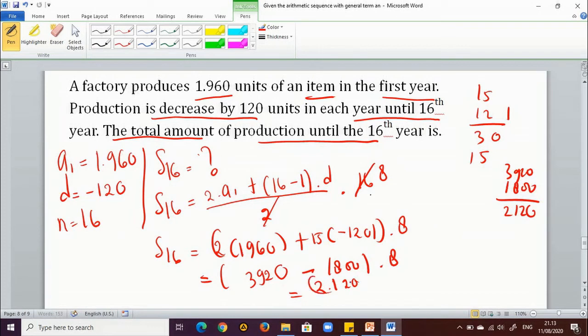So this one equals 2120 units times 8, which is 16,960 units, everyone.